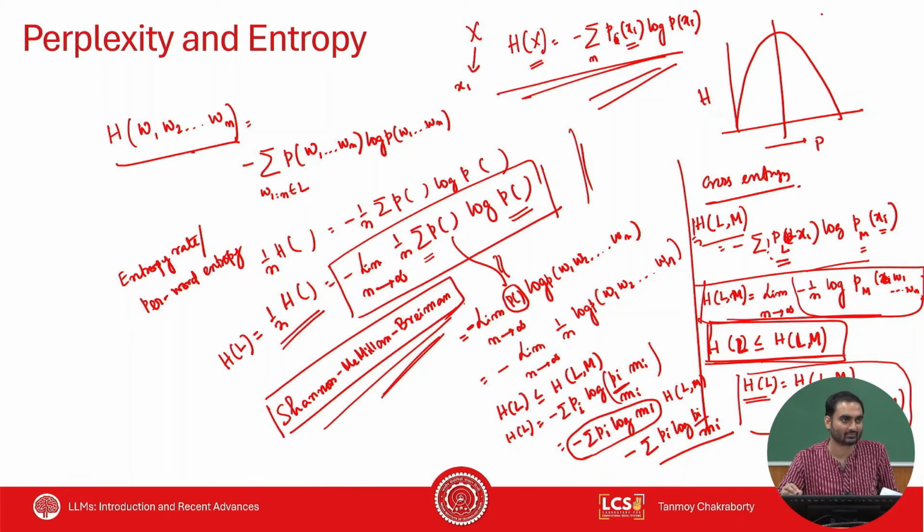Now my claim is perplexity PP is 2 to the power entropy. This is my claim. Okay, now let's see. We know the formula of perplexity already. Now what is this H? H we have seen.